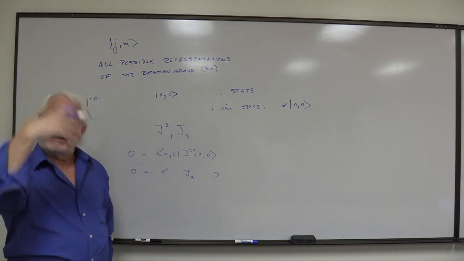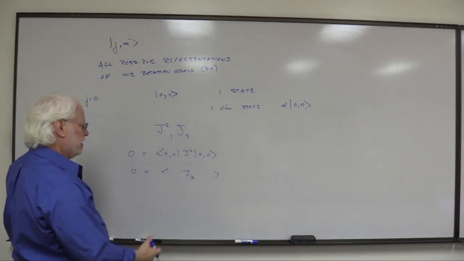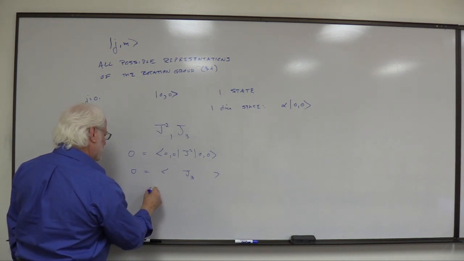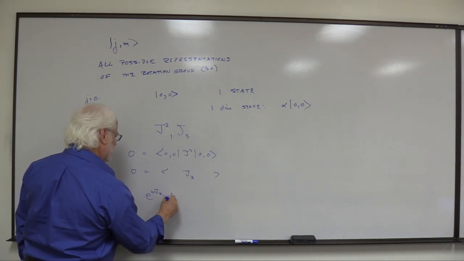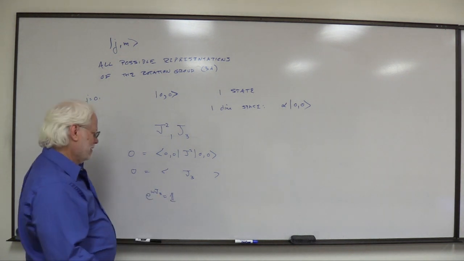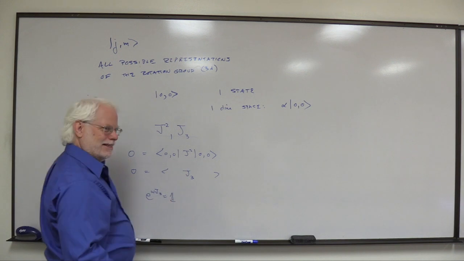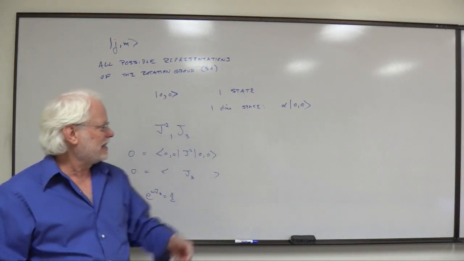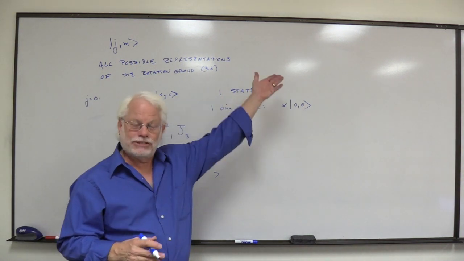It's a 1-by-1 matrix, acting on a one-dimensional vector space. These are generators, so if I exponentiate some w J3, I just get the identity, because J3 is 0, and e to the 0 is 1. So the identity operator acts on these singlet states. These are scalar fields.